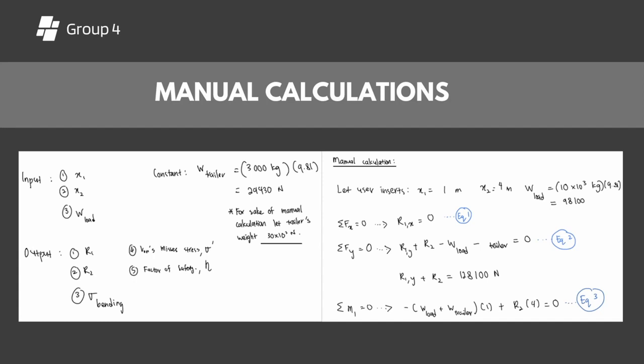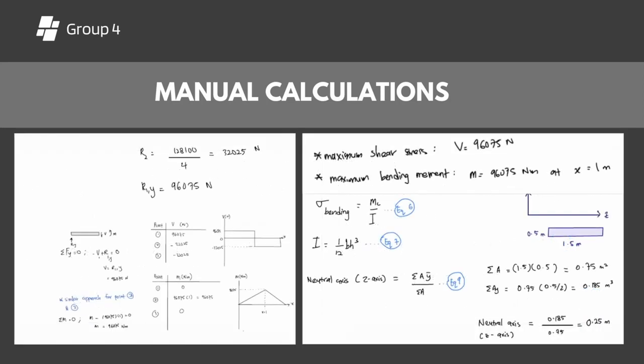We can find the reaction forces by letting the sum of forces equal to 0 and the total moment equal to 0. We found that the reaction forces are only in the y direction, which are R2 equal to 32,025 Newton, and using that we can find R1, which is 96,075 Newton.